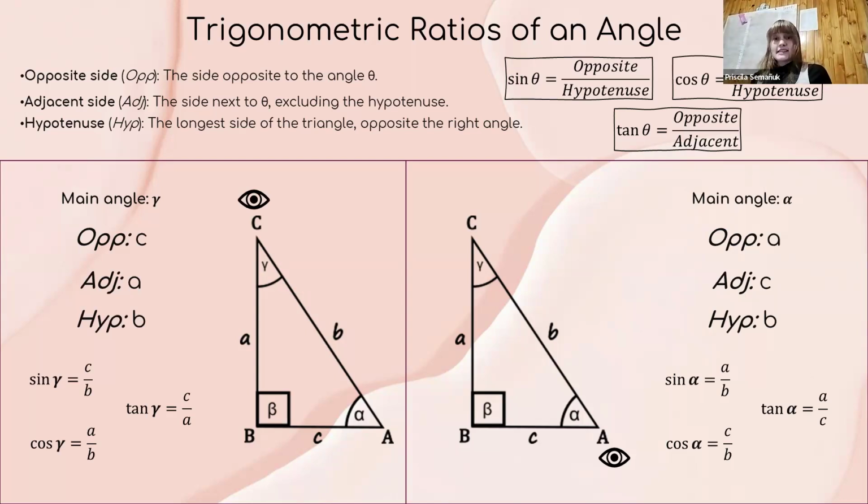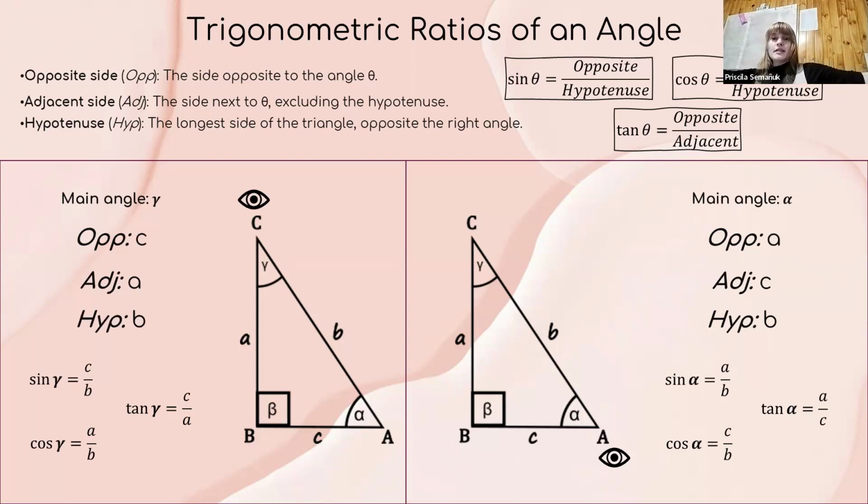And then we have the adjacent. What is the adjacent side? The adjacent side is the one that's right next to us, but it's not the hypotenuse. So if I'm standing here and I reach with my arm, I'll be touching the hypotenuse and the adjacent side, which means the hypotenuse will be the larger one, the one that's larger than everything.